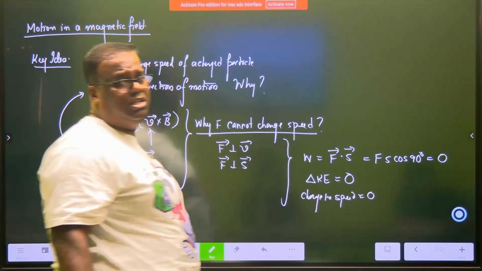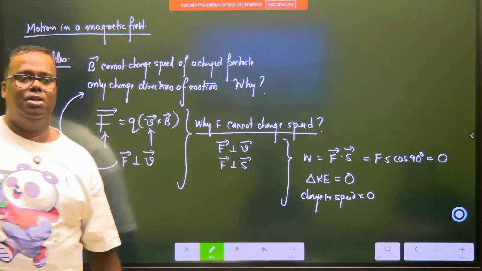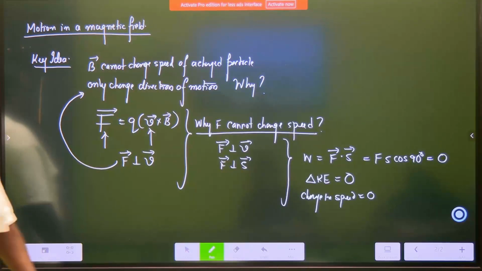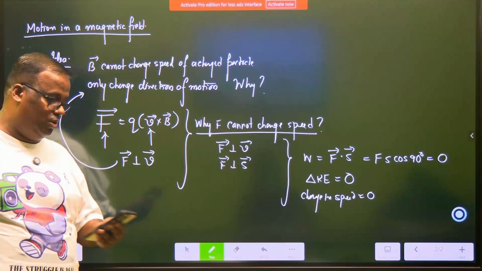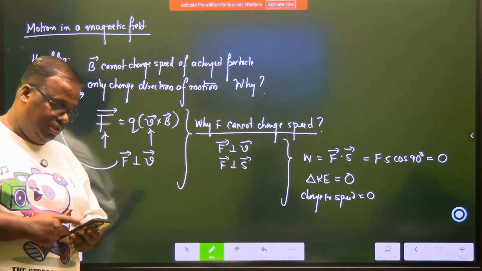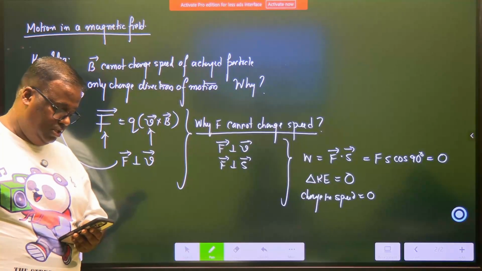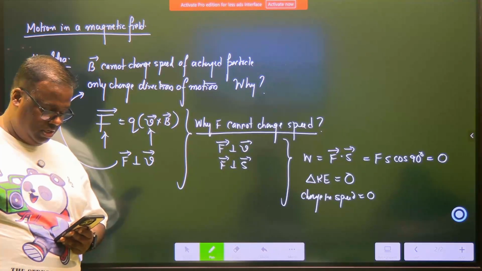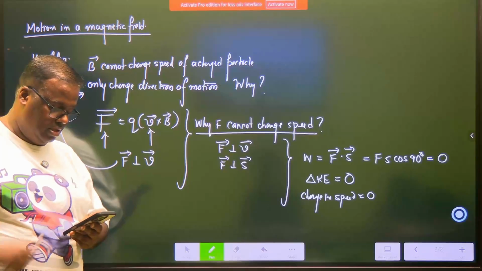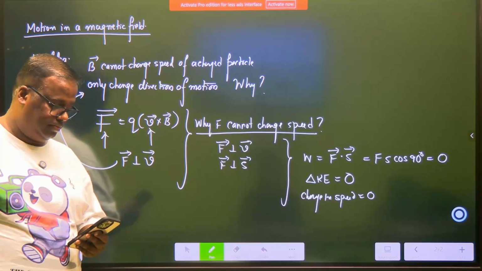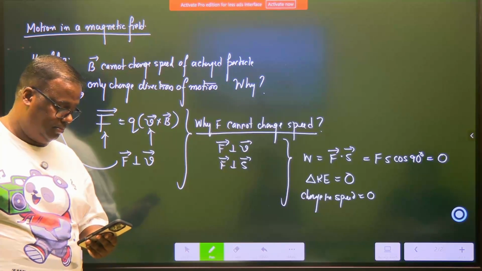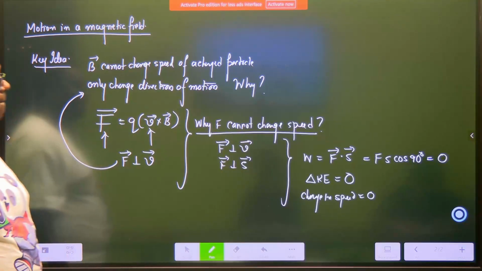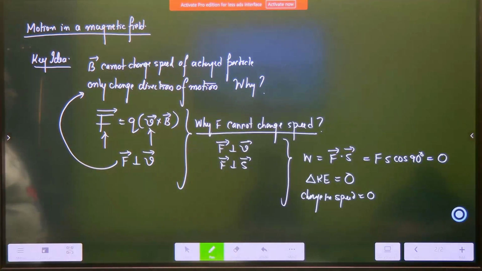If kinetic energy does not change, speed also cannot change, because kinetic energy is half mv square. M does not change, m is always constant. So if kinetic energy is not changing, this means speed is also not changing. Is that fine? Clear?